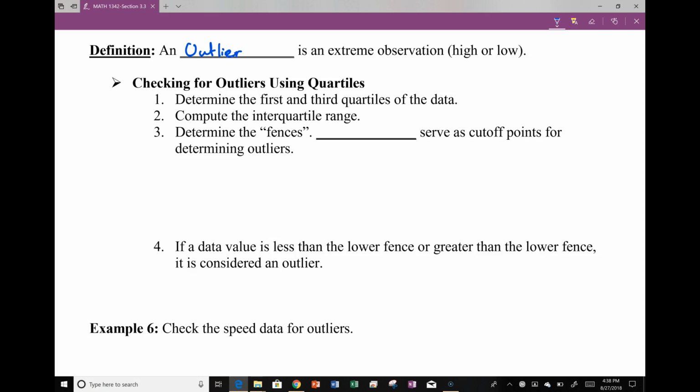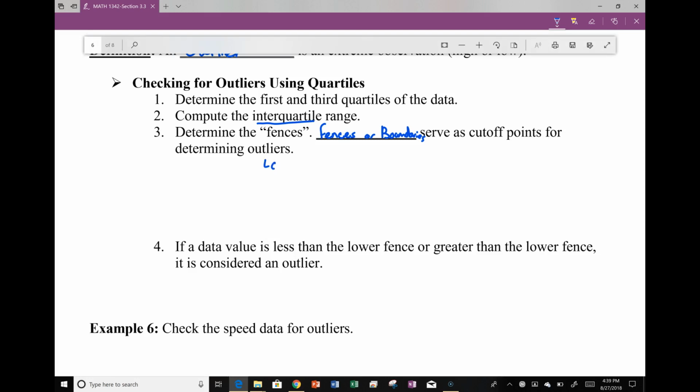The reason why we need those is because we need that interquartile range. Then we're going to determine the fences, and we call them fences or boundaries, either one. They serve as cutoff points for determining our outliers. So in other words, if anything's outside those fences, it's considered an outlier.